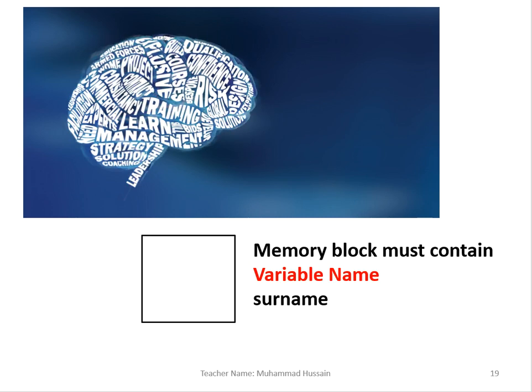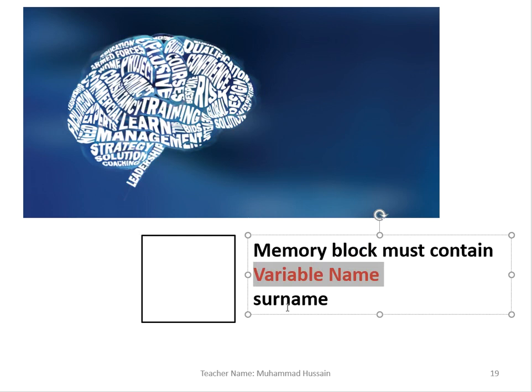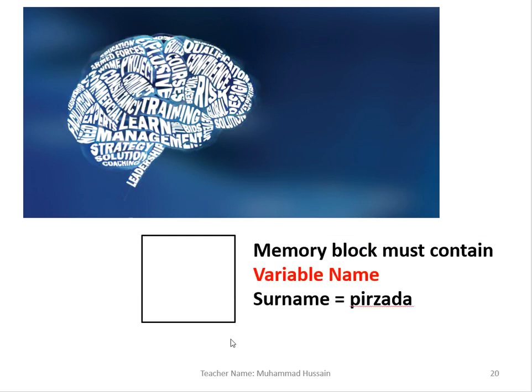So one thing is you have a variable name, which is written here, surname, and another thing is you have a value.